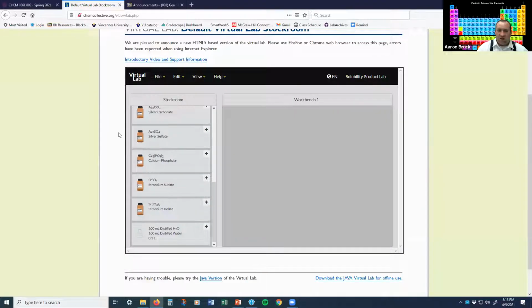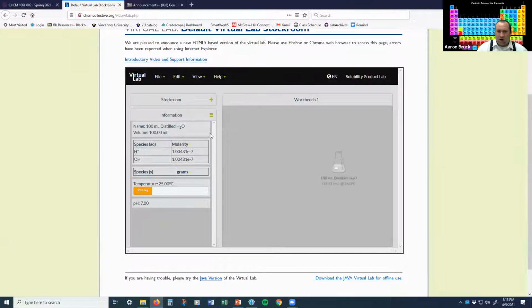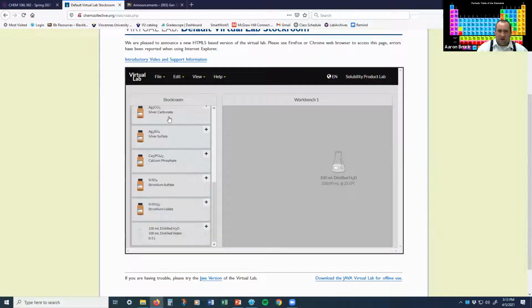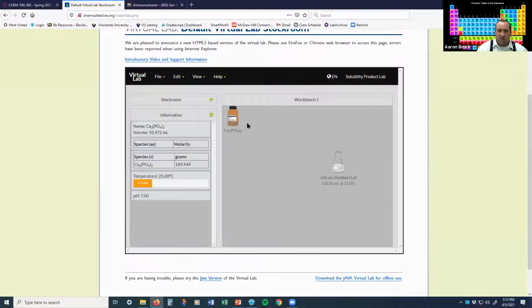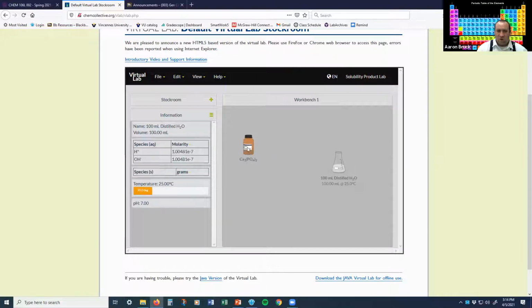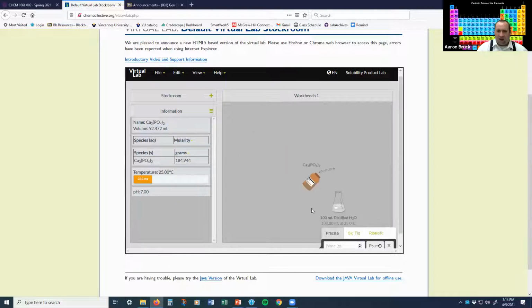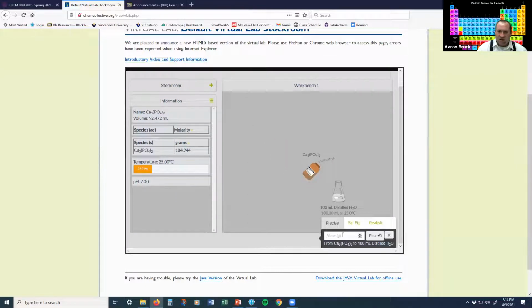Now, one of the easier things that you can do is take this distilled water and take whatever it is that you're interested in. So I'll take calcium phosphate here. Right now I'm being told what the calcium phosphate has in it. Right now I'm also seeing what's in the water. If I add some calcium phosphate to this, let's just say that I want to add 5 grams.